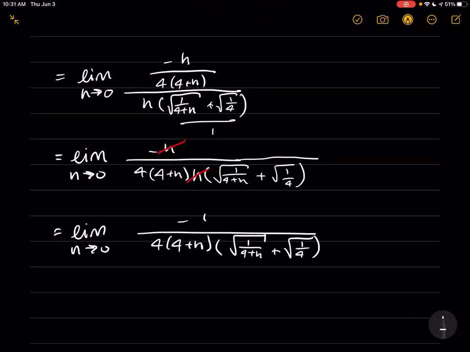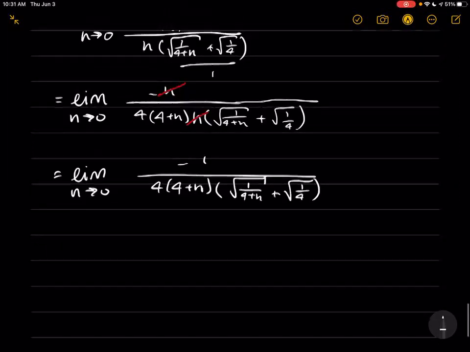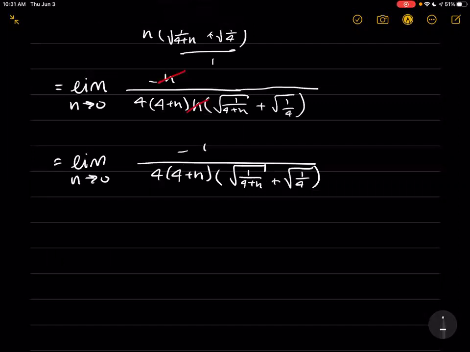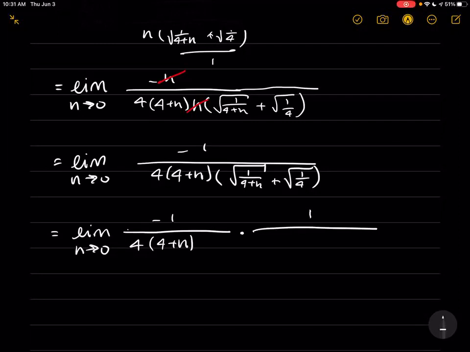we can start using some limit laws to break this up, right? So I'm going to go ahead and break it up like this. It's going to be negative 1 over 4 times 4 plus h times 1 over the square root of 4 plus h plus the square root of 1/4.